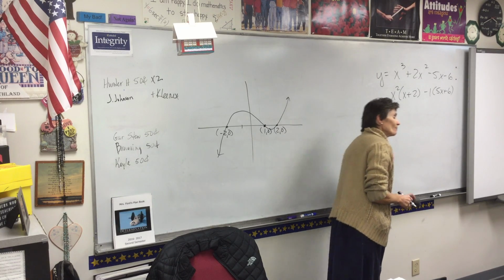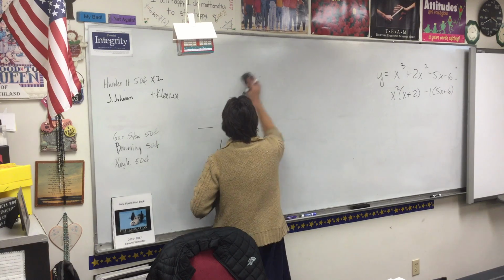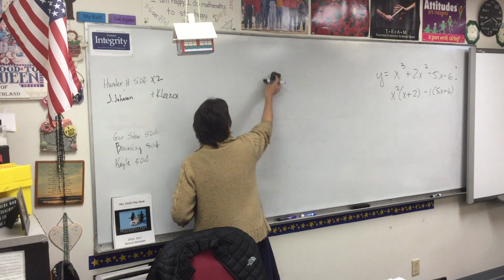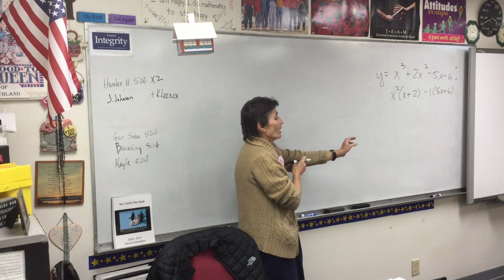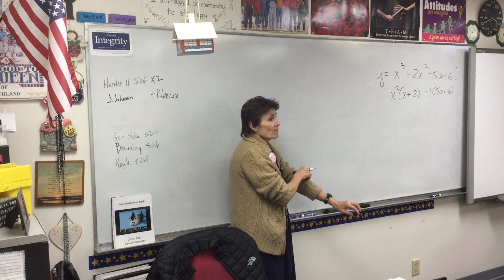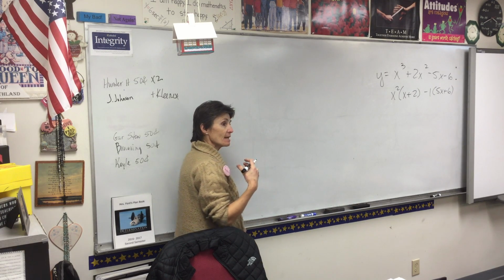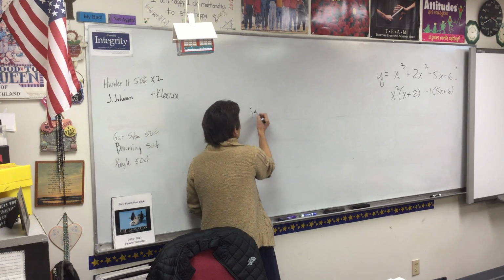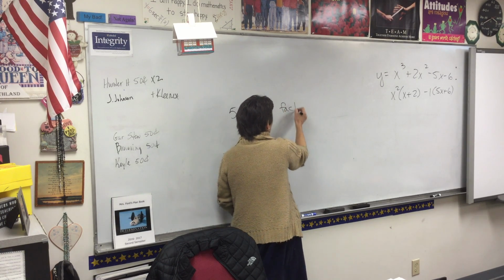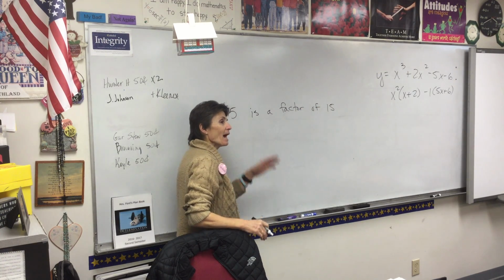A couple of very, very important theorems. Here's what I want you to understand. If I have something that is a factor, so if I tell you that 5 is a factor of 15, you would say, yes, you're right. But how do you know?